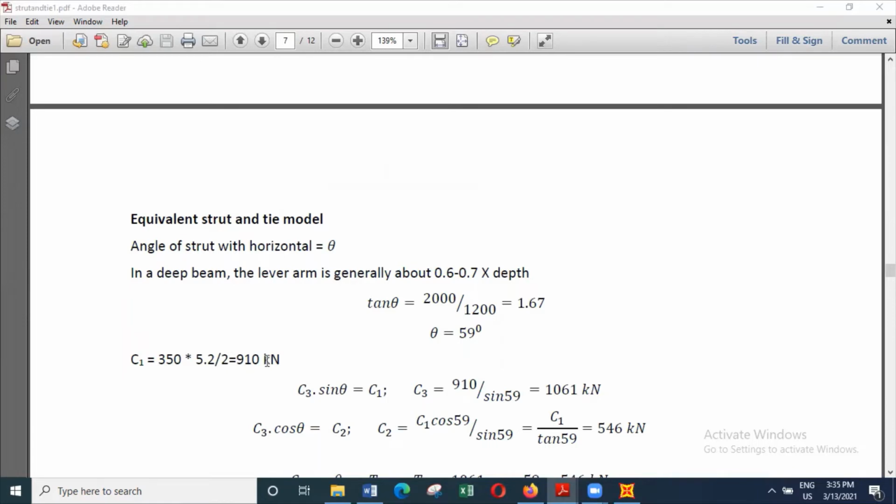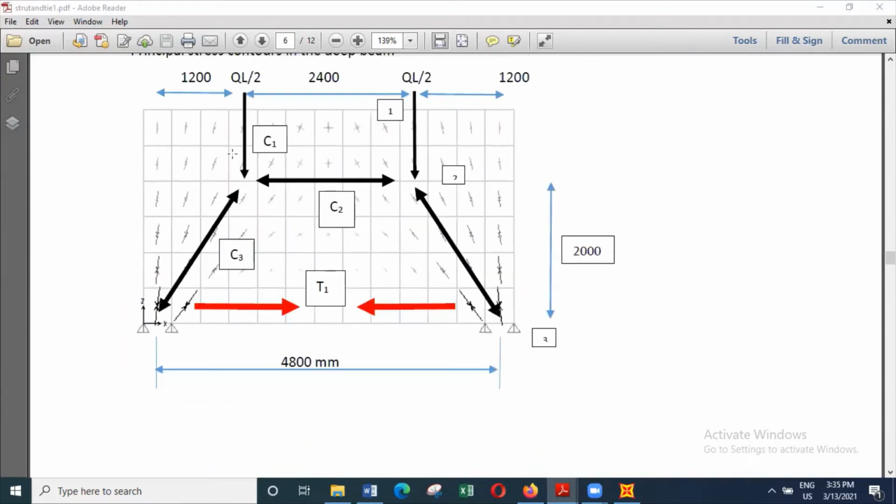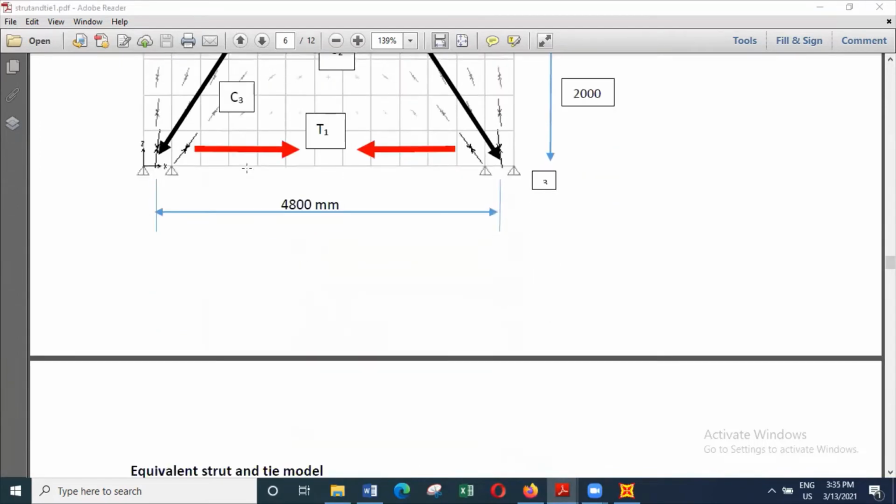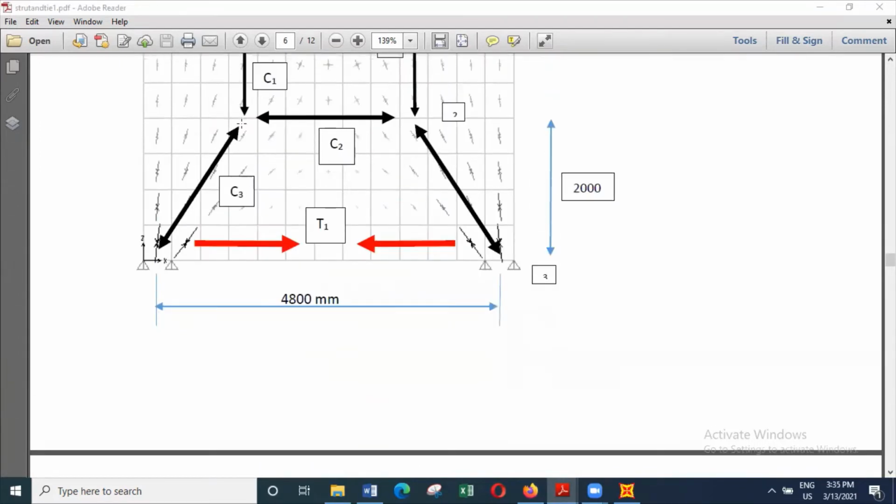You can see the load transferred here is 910 kilonewtons, and that load will now be resisted by the vertical component of the force in this strut. So we can say C3 sine 59 is equal to C1.